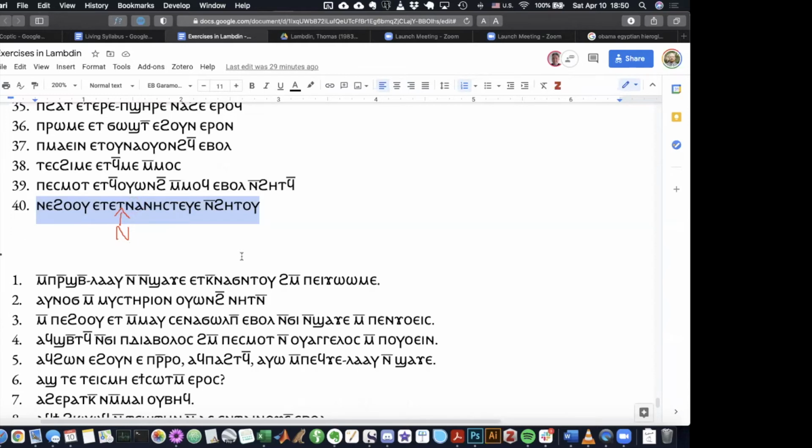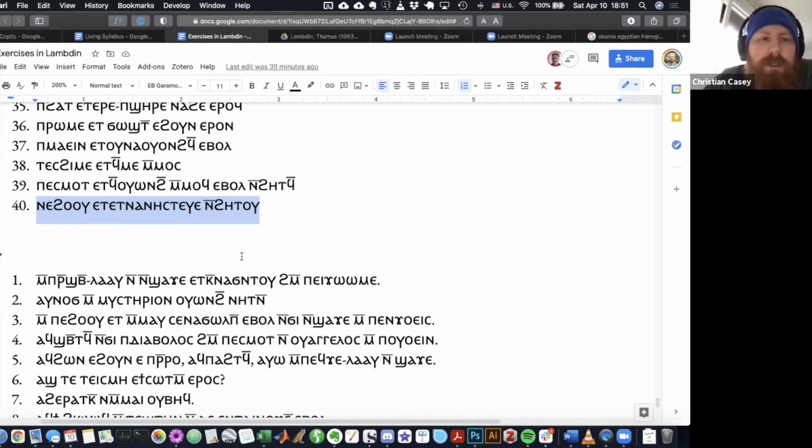So this is the relative of the first future. I'm confused about why there's not an additional N with a superlinear stroke. Yeah, so this is just kind of a conventional thing. The two N's get squished into one. There you go.